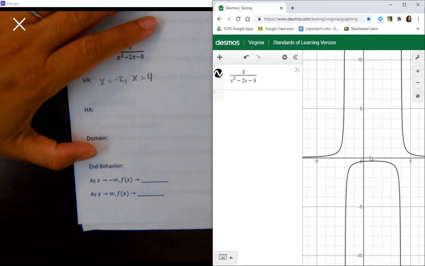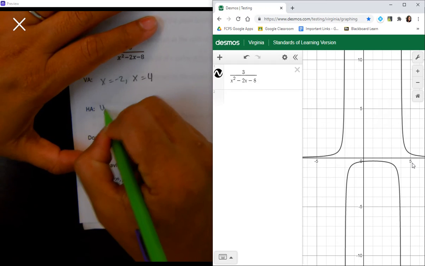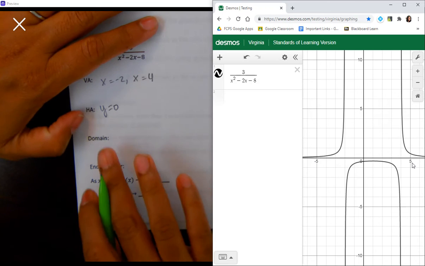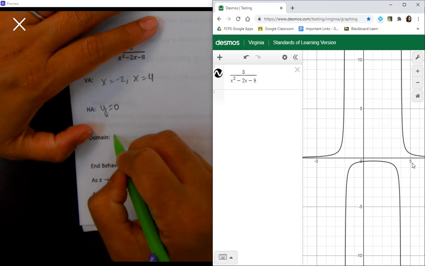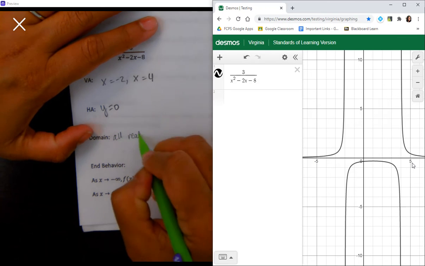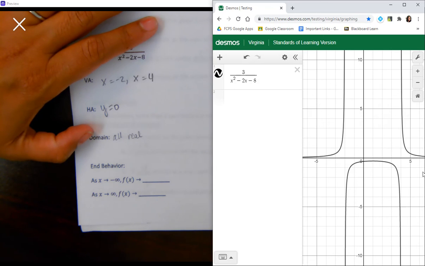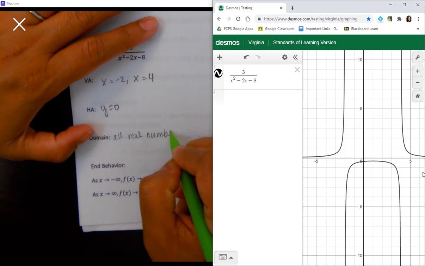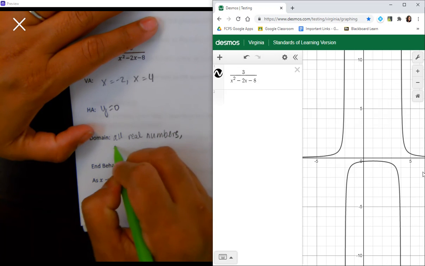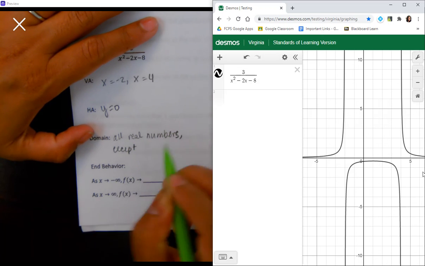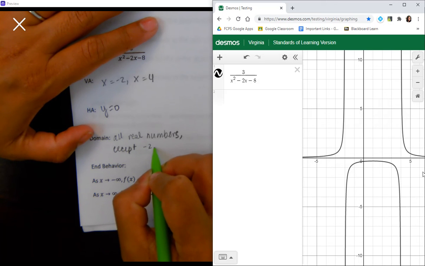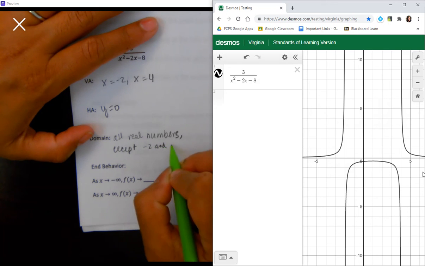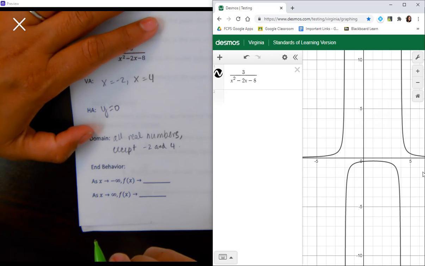There's a horizontal asymptote at y equals 0. And then for the domain, you're going to write all real numbers. So it's from -infinity to +infinity, except -2 and 4. X equals -2 and 4.